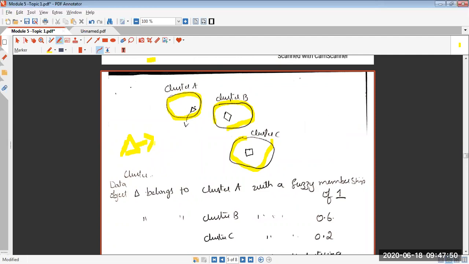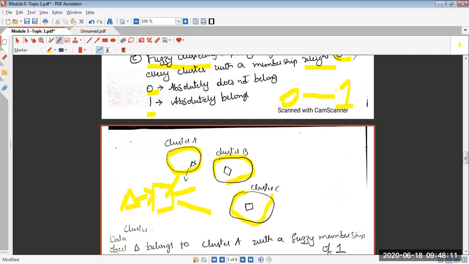Now, if this clustering algorithm is using the fuzzy clustering technique, please note I'm giving the triangle as input. It will not tell you that this triangle belongs to cluster A or B or C. It will not give you that decision, but it will tell you in terms of a 0 to 1 range.